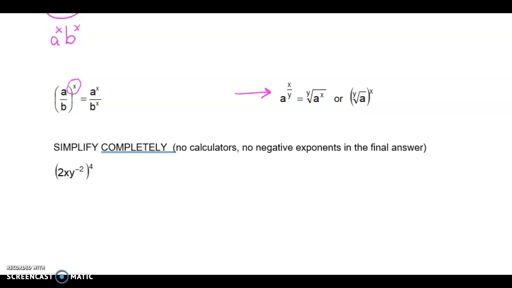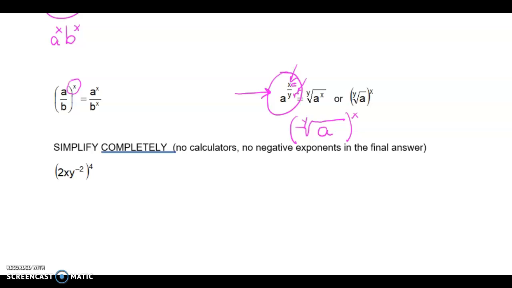And this is an interesting problem. I always think of my top number as my exponent and my bottom number as my root. So if I were taking this and putting it in radical form, my exponent is the x, and my root is the y, and my a goes inside.